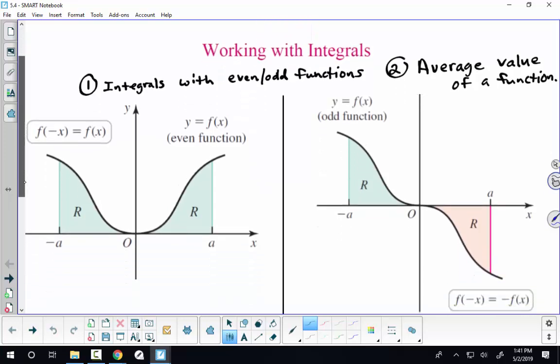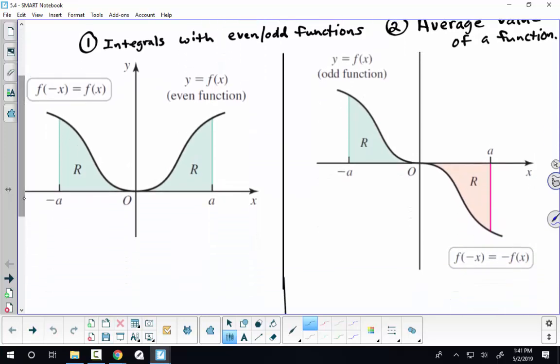These pictures hopefully shed some light on this. If I'm integrating around a symmetric interval from negative a to a, or from negative 10 to positive 10, or negative 3.2 to positive 3.2, and I'm dealing with an even function, then that's equivalent to taking half of this area.